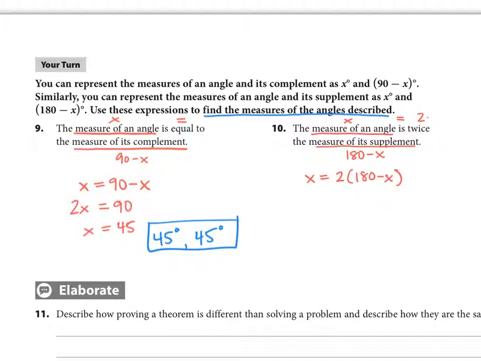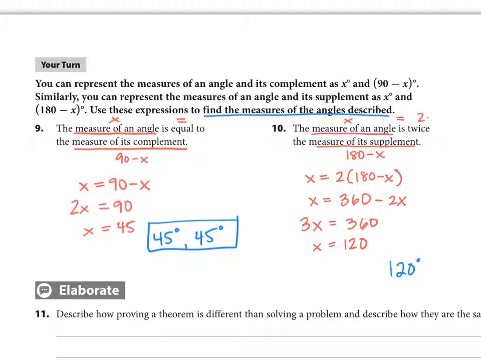We need to distribute the 2, and we get x equals 360 minus 2x. I'm going to add 2x to both sides. We get 3x equals 360. And finally divide by 3 to get x equals 120. Okay, 120 is the measure of the angle. That's one of our solutions.